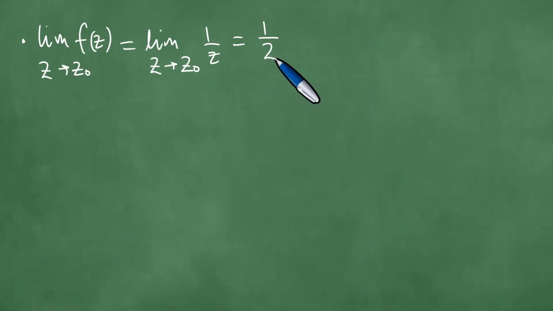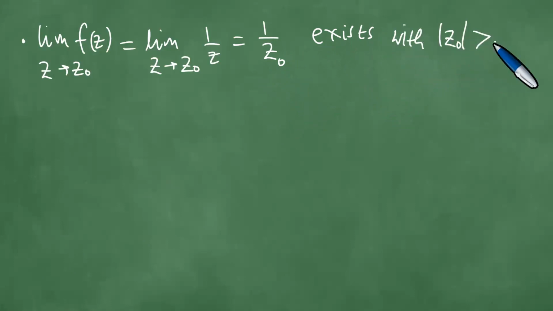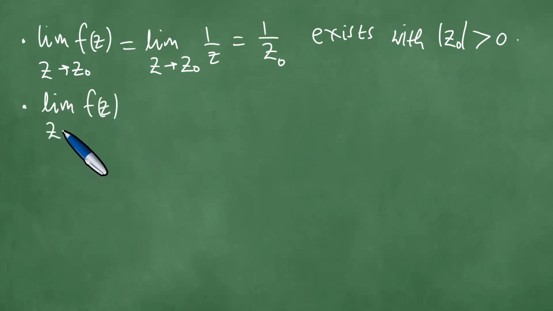So this limit exists, with the modulus of z0 being strictly bigger than 0. Thirdly, the limit of f of z as z approaches z0 is f of z0.